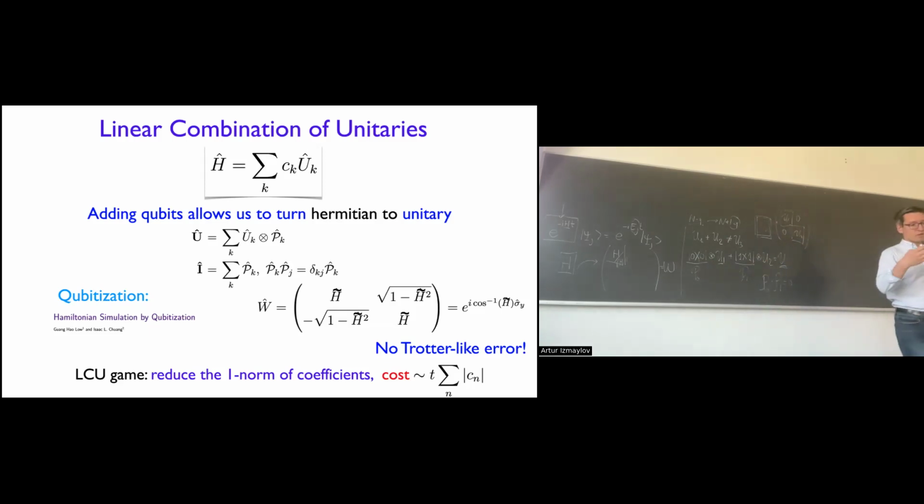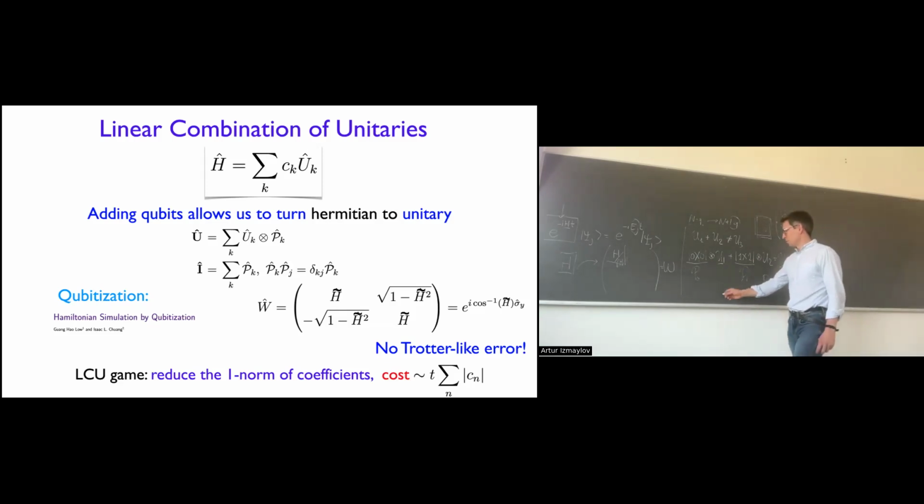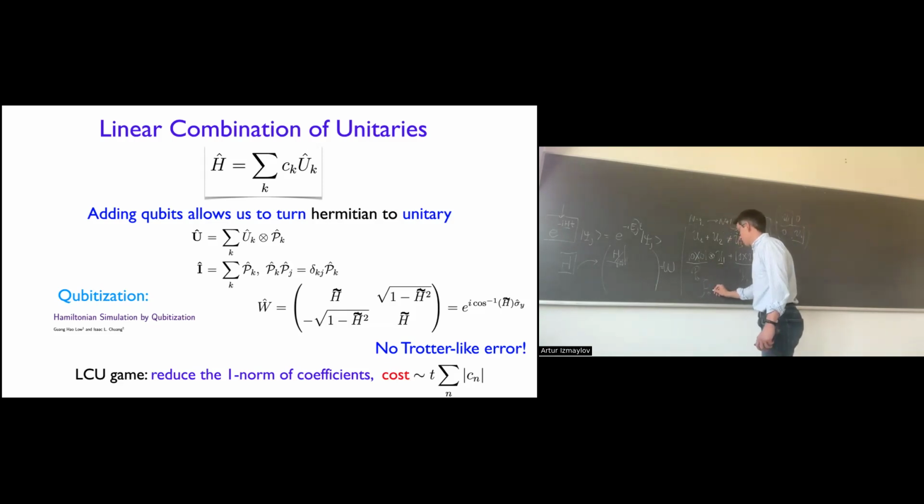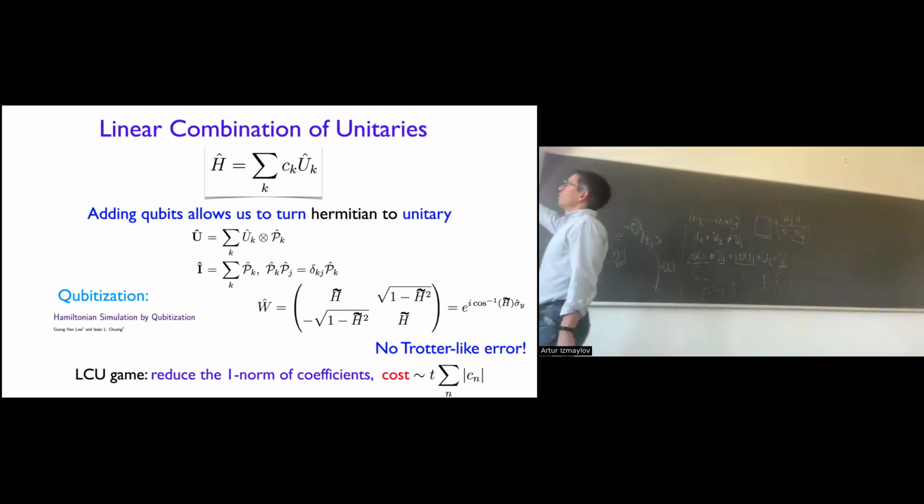So then you can add unitaries easily if you prepare for each of them a separate subspace that technically still forms the entire space, because P0 plus P1 is identity, right? And that's exactly what is written here, that we could build bigger unitaries. We will use this motif in our considerations by attaching projectors to separate unitaries.